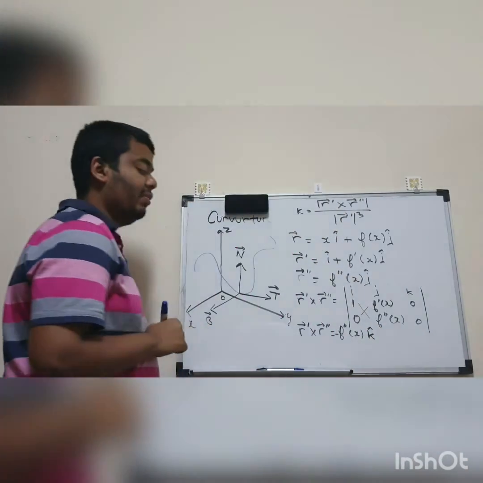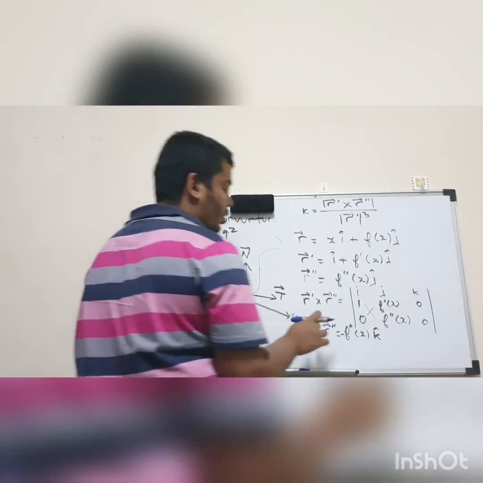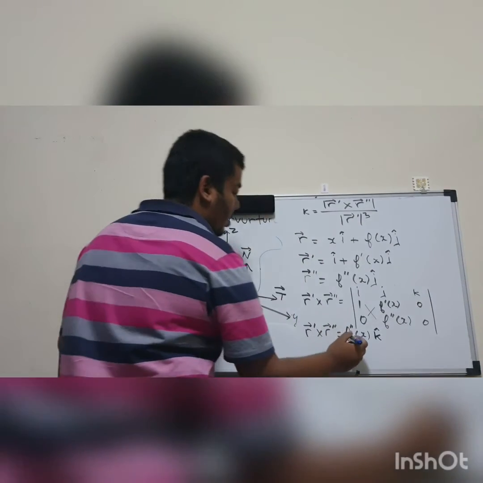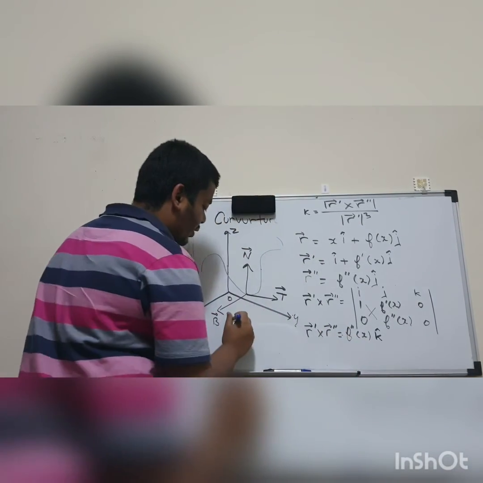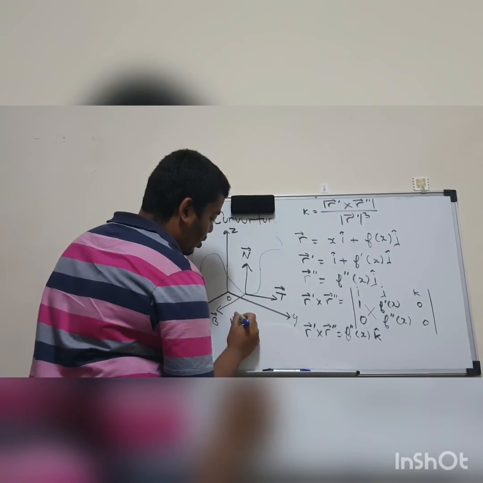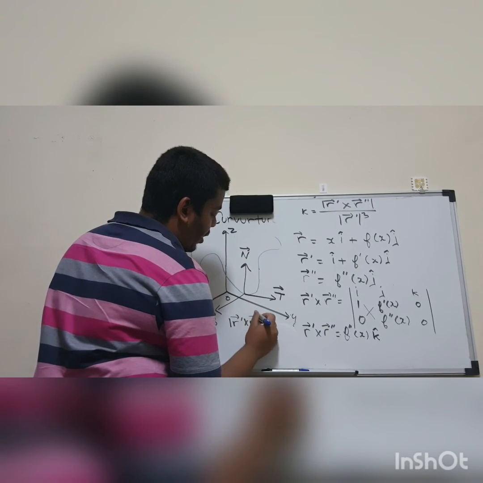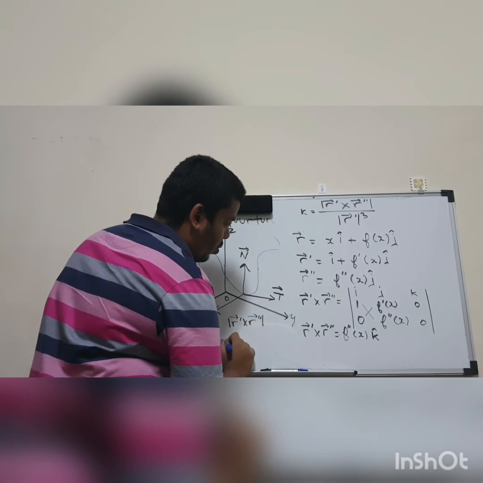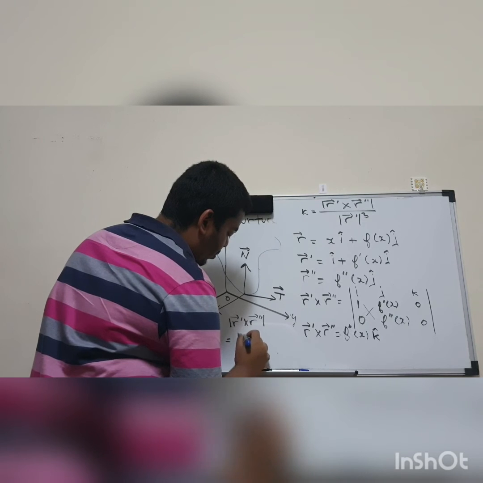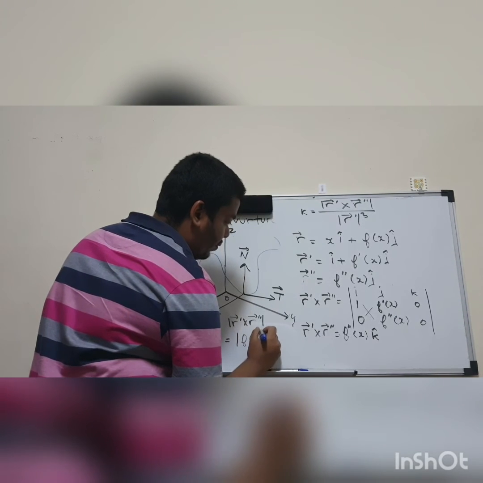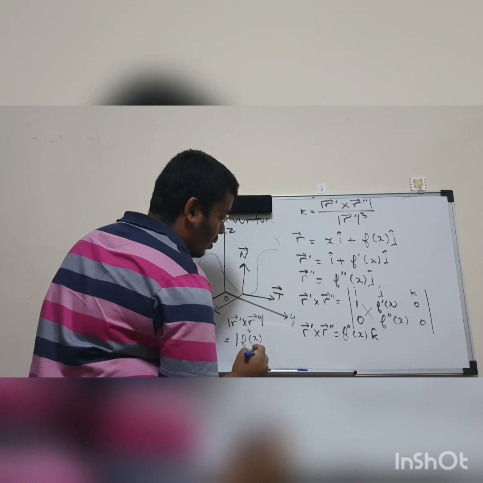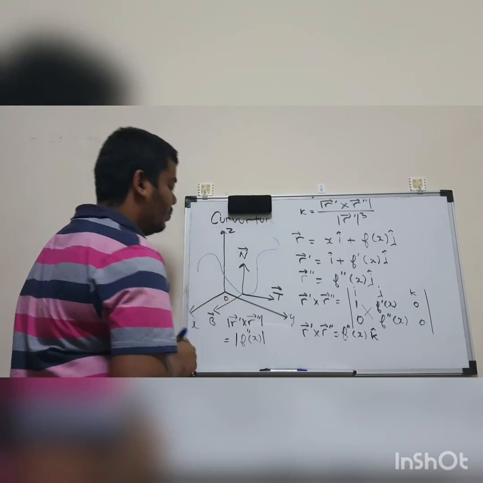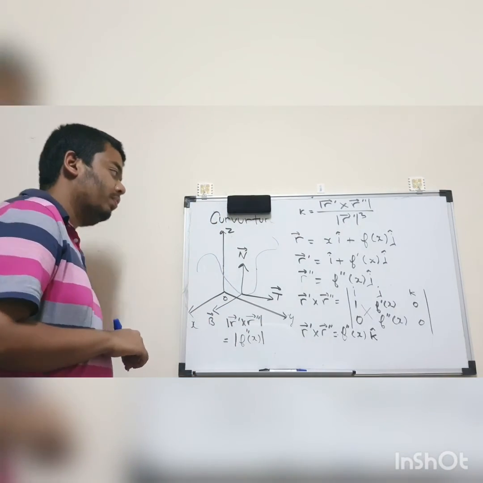And then, when you take the magnitude of the cross product of r prime into r double prime, you'll end up with, obviously, the magnitude of f double prime of x.